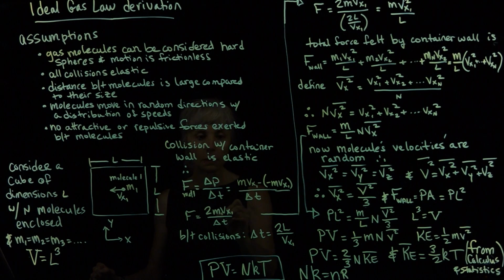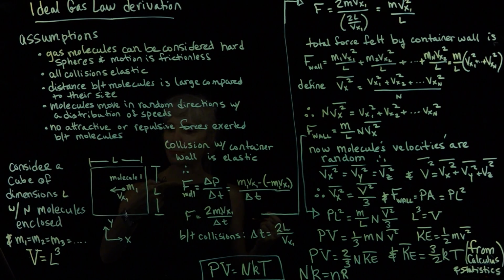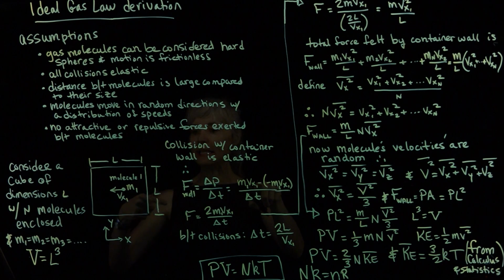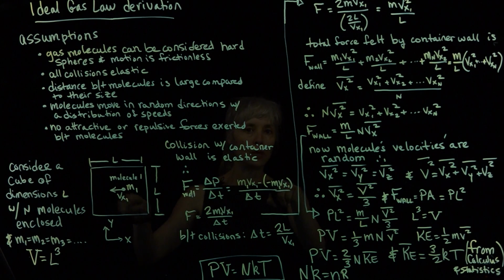And we can write the change in its momentum as its final momentum minus its initial momentum. It's going to hit the container wall and bounce back, so it's going to be traveling in the other direction upon reflection. So the final momentum is m1 times a positive v1x, minus the initial momentum, and the initial momentum is going to the left, so it gets a negative sign: m1 v1x.